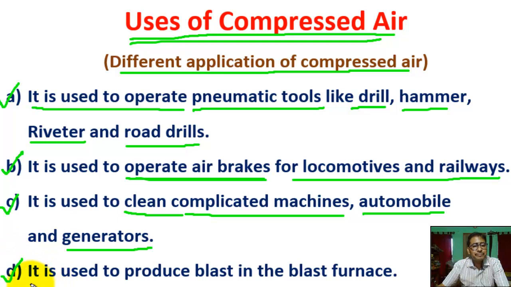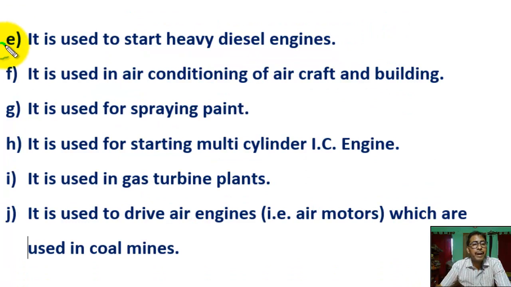Number D, it is used to produce blast in the blast furnace. Number E, it is used to start heavy diesel engines.